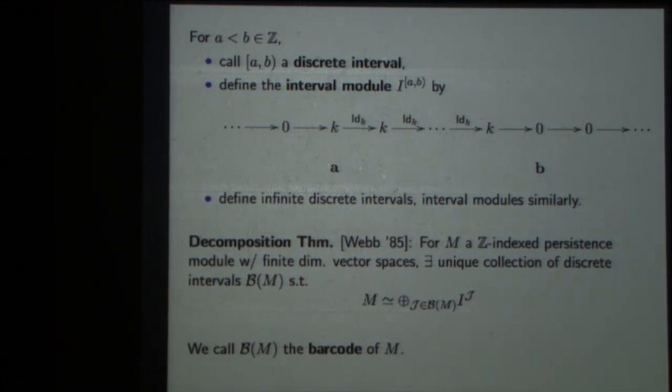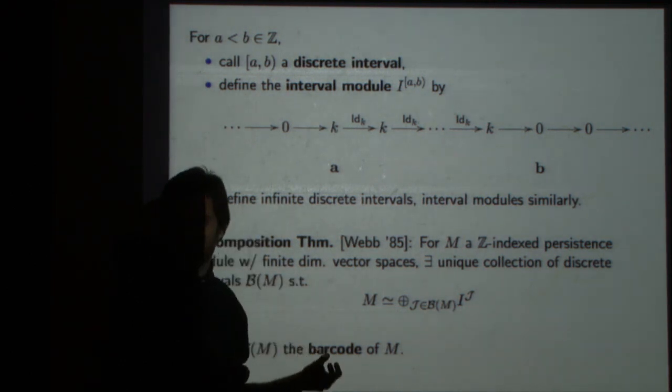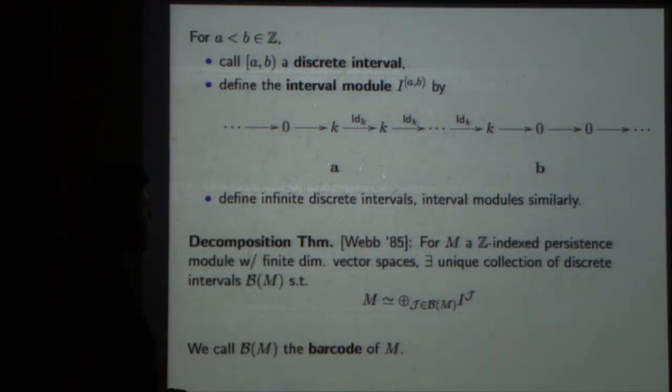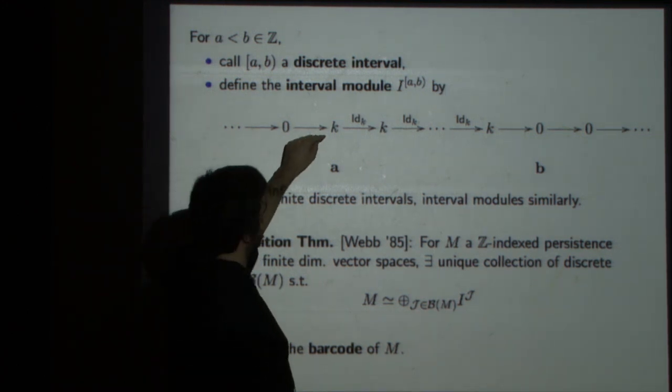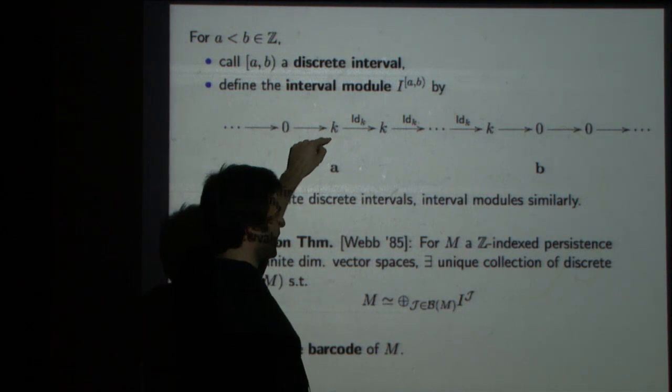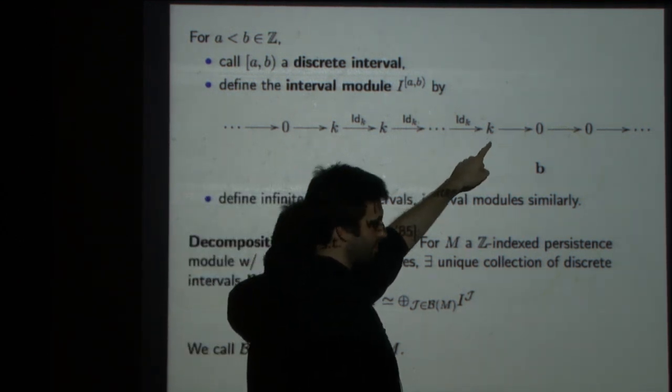And then I define the interval module I_[A,B) corresponding to this discrete interval as follows. So this is going to be a module whose vector spaces are all 0 or copies of the field K. And I need to tell you where these copies are. Well, the first copy of the field K is going to live at index A. The last copy of the field K is going to live at index B minus 1.